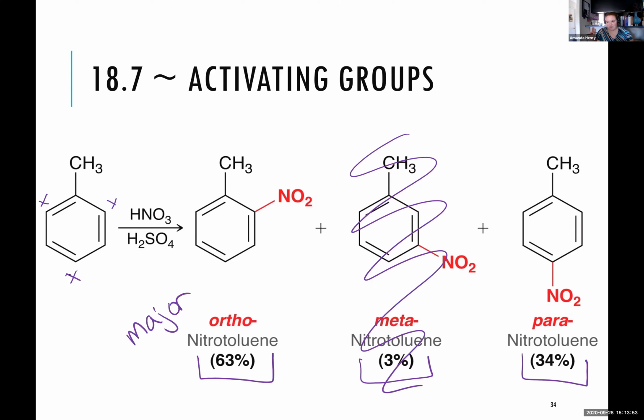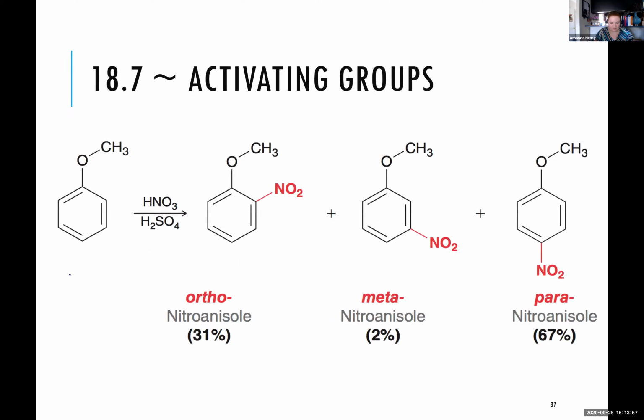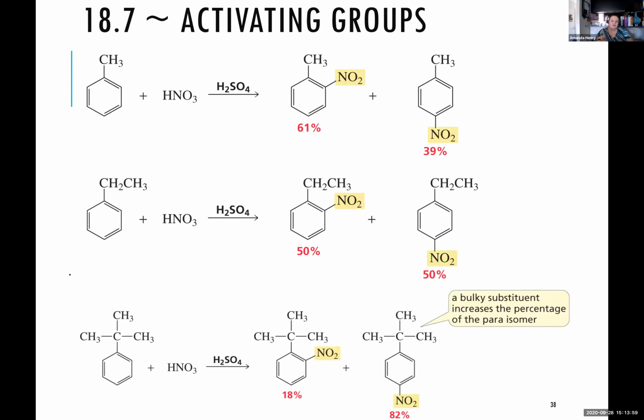This isn't true for all of them though, and I'm going to skip a couple slides. I'm going to go right here. So this is showing the same reaction that we looked at on the top here, our benzene with a methyl reacting it to add an NO2 group. The next one is the same reaction, but now instead of a methyl, we have an ethyl. And then the bottom reaction, we have an isopropyl.